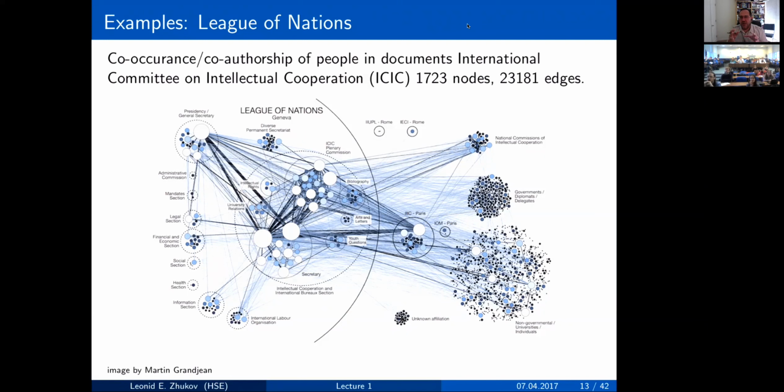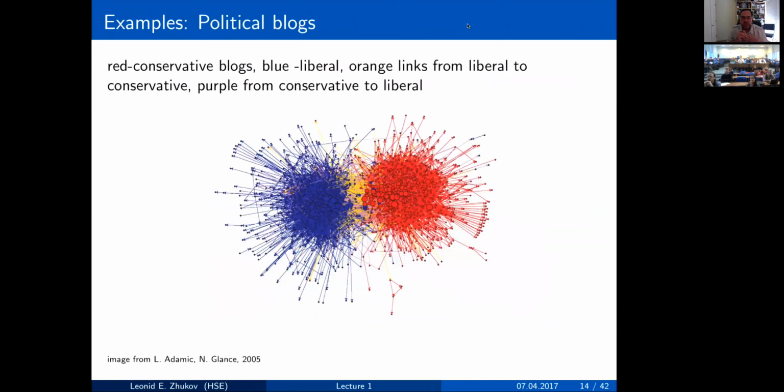I'm not sure how well you can see it right now on a screen. I will make the slides available. Take a look. It's quite interesting how things are organized within the network. And of course, there are labels at the nodes, so you know what each node is, right? This is a pretty cool network.